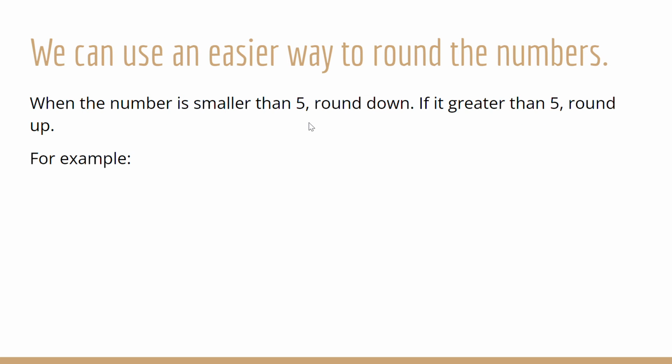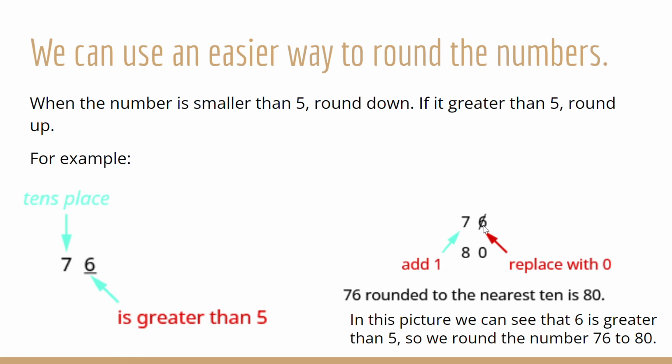We can use an easier way to round the numbers. When the number is smaller than 5, round down. If it's 5 or greater, round up. For example, 76. 7 is in the 10s place, and 6 is greater than 5. So we can replace 6 with 0 and add 1 to 7. So 76 rounded to the nearest 10 is 80.